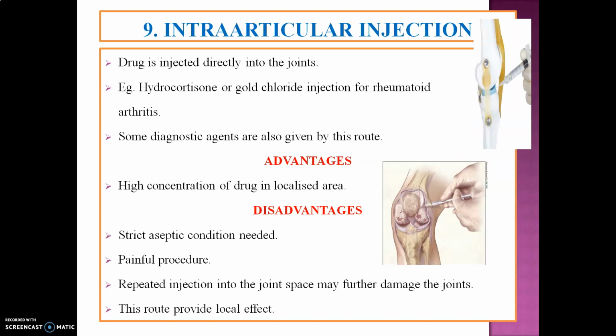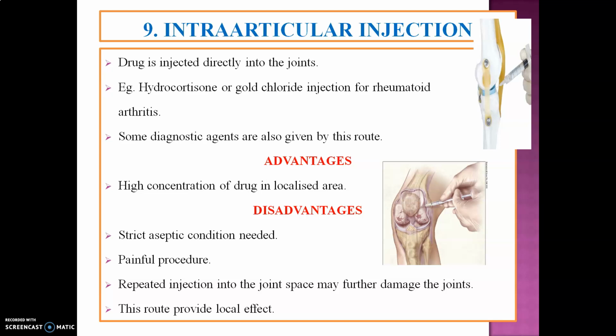The next injection is intra-articular injection. Articulation means joint, so an injection directly injected into the joint is called an intra-articular injection. For example, hydrocortisone and gold chloride injection, used for rheumatoid arthritis, are given in this intra-articular way.